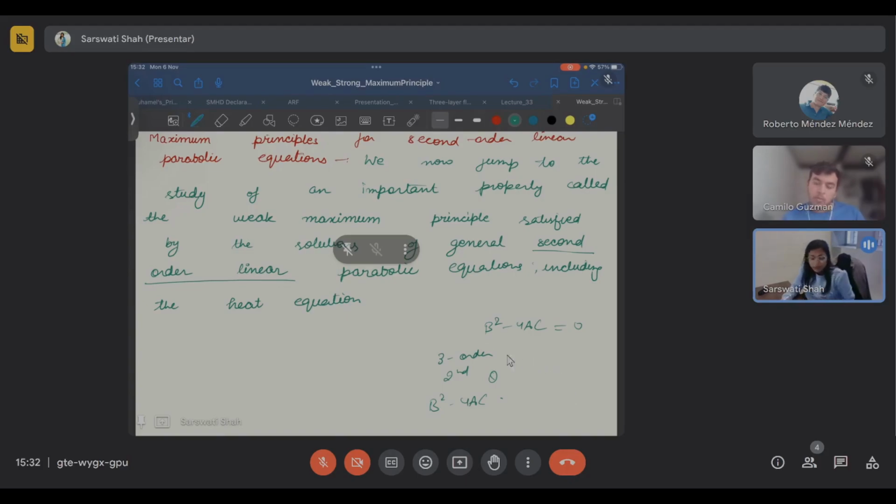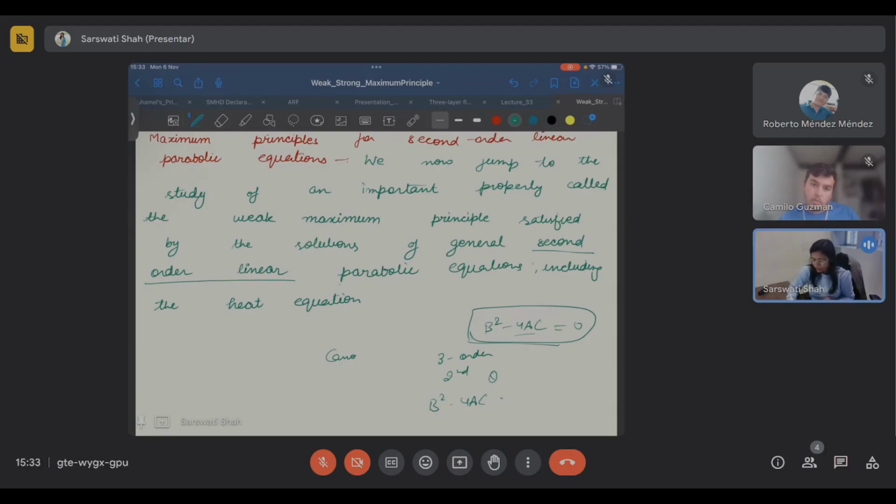And even when you have a general second order linear equation, again you have to apply the canonical form to reduce it to two variables: one spatial and one time variable. Otherwise you cannot change this. So when we proceed with a larger order or a larger number of variables, it is very difficult to check the parabolicity.